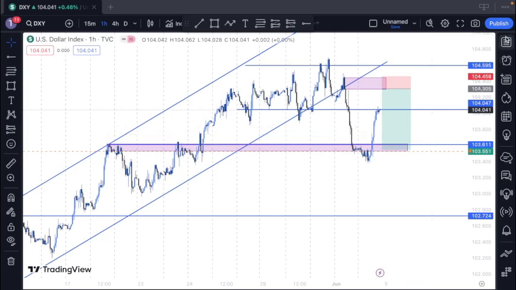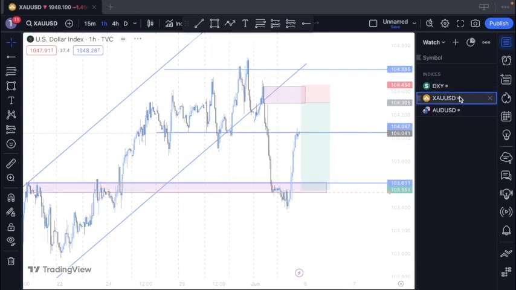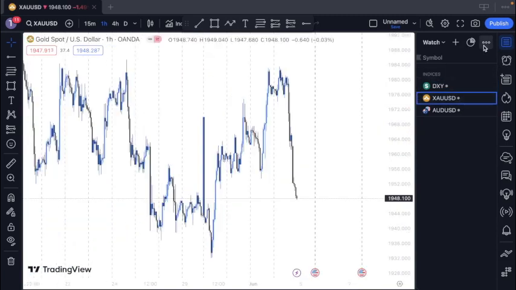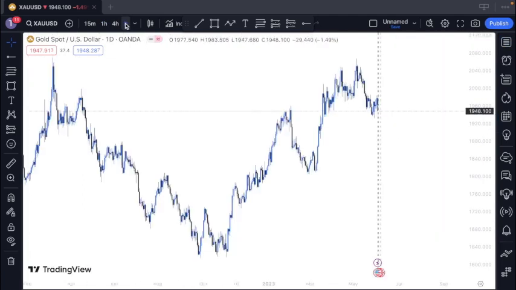Going to gold. Let's see what we have on gold. This is our gold chart. Looking at our gold chart, what do we have? One, we have to start looking for our highest high.